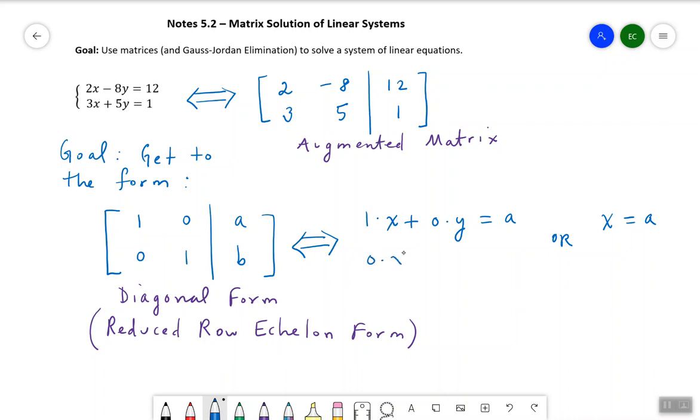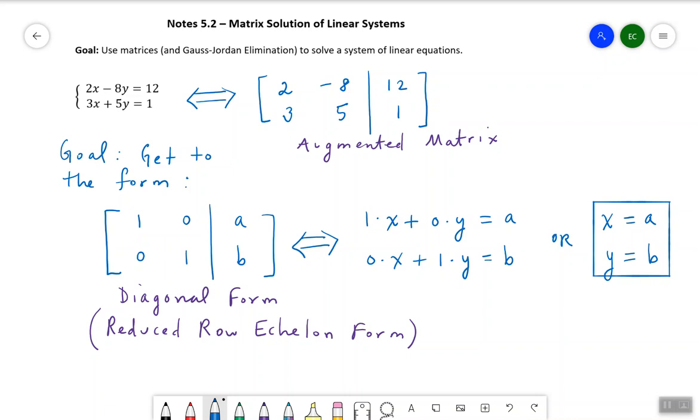It would say 0 times x plus 1 times y is equal to b, and we can simplify that and get y equals b. So that is exactly the solution to the system. So our goal here is to get from the matrix that we start with to the diagonal form. And the big question is, how can we do that?